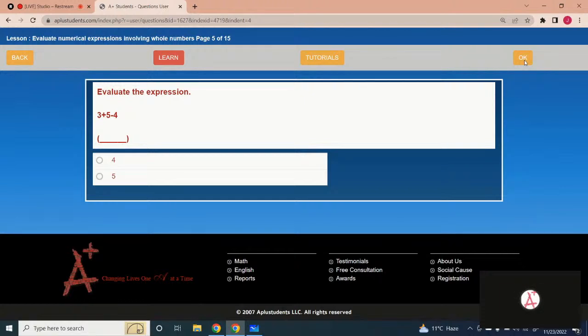So 3 plus 5 is 8 and 8 minus 4 is 4. Yes, it is 4. Just select the correct option and click on the OK button.